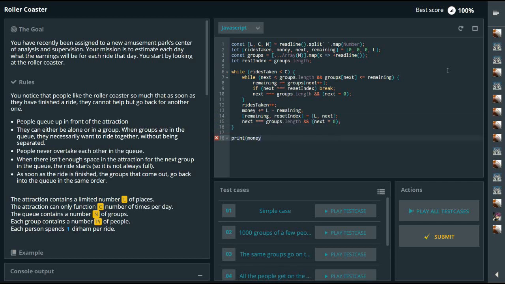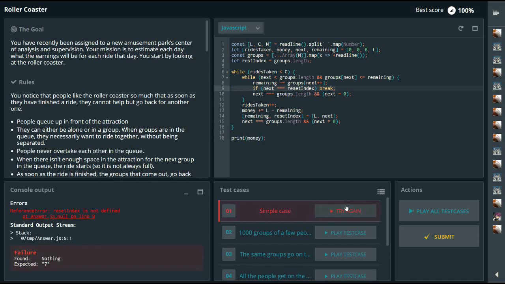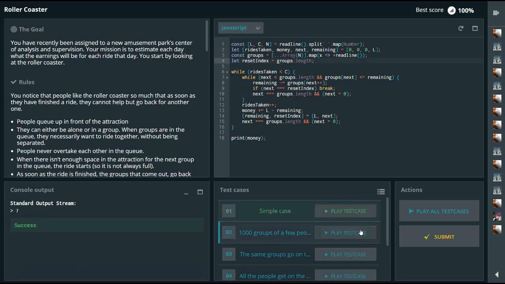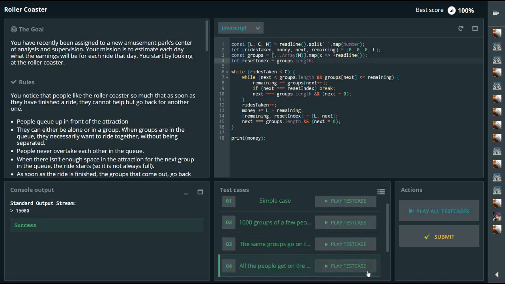And print results. That's pretty easy, isn't it?